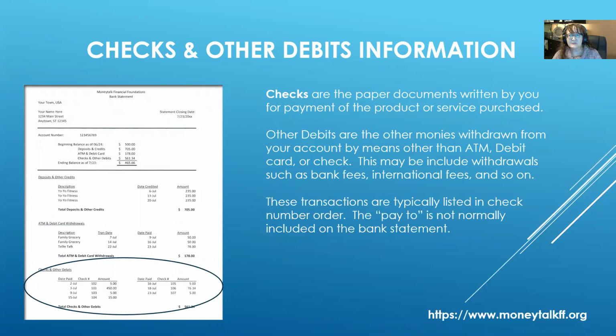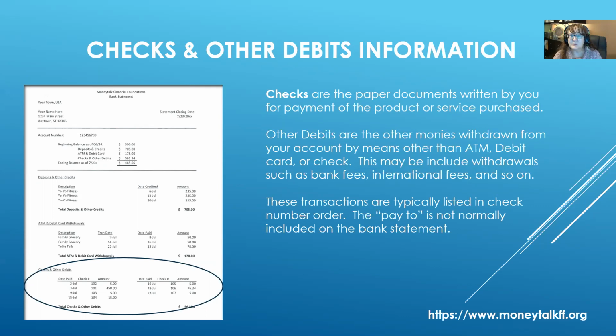The transactions are typically listed in check number order, and the pay to is not normally included in the bank statement anywhere. In this particular example, the checks are listed in the date paid order and not the check number order. So it can be listed either way, it just depends on what your bank likes to do.